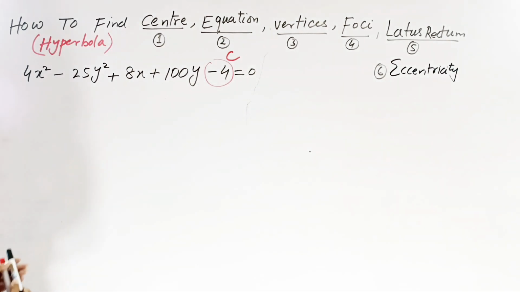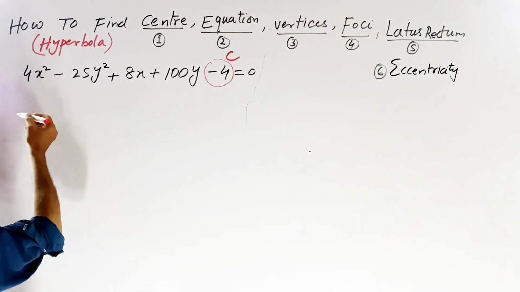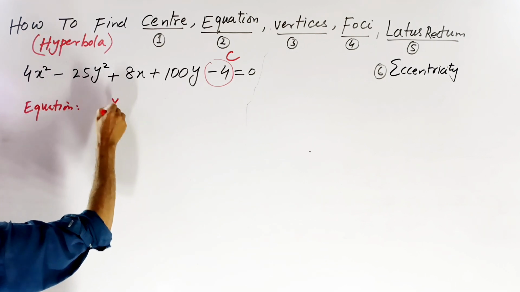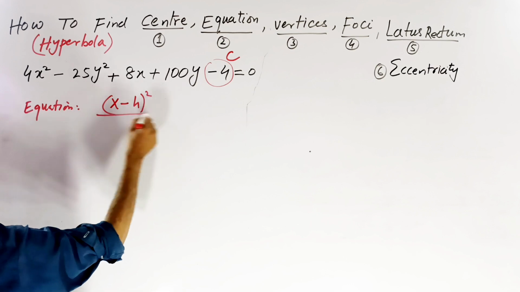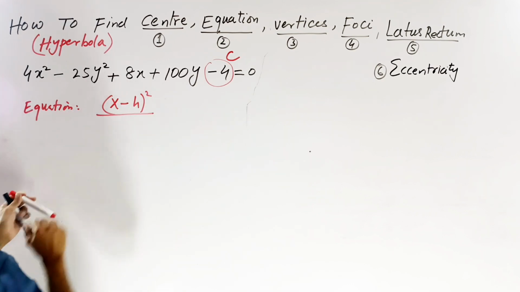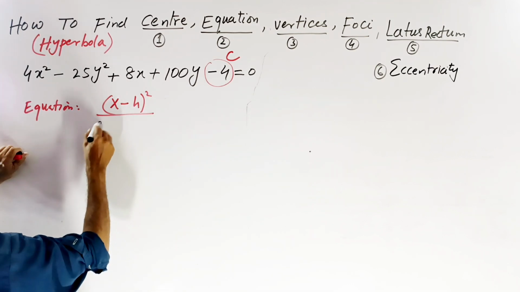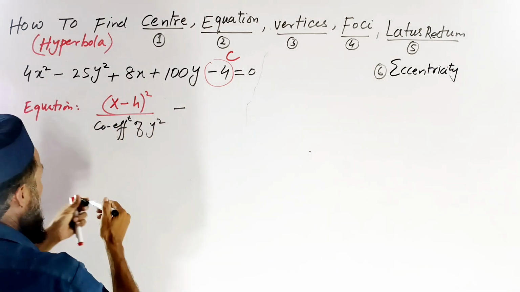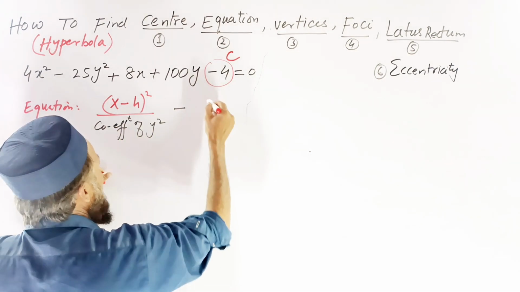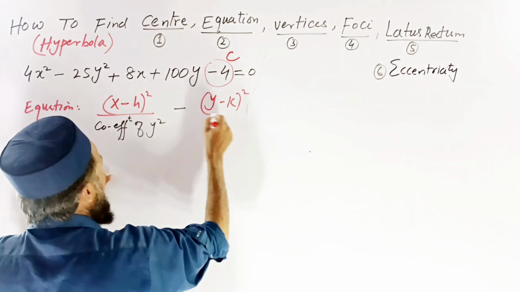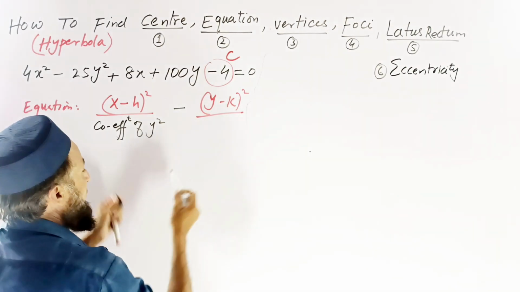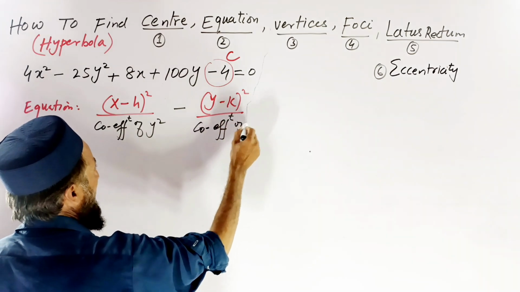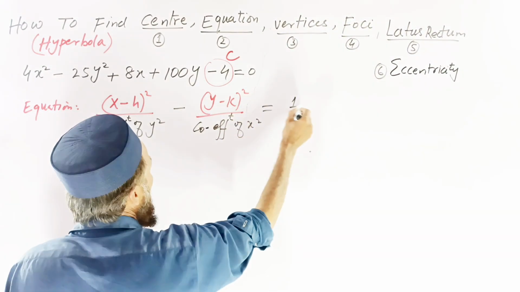Here we are finding the equation: (x minus h) whole square divided by the coefficient of y square, minus (y minus k) whole square divided by the coefficient of x square, is equal to 1.